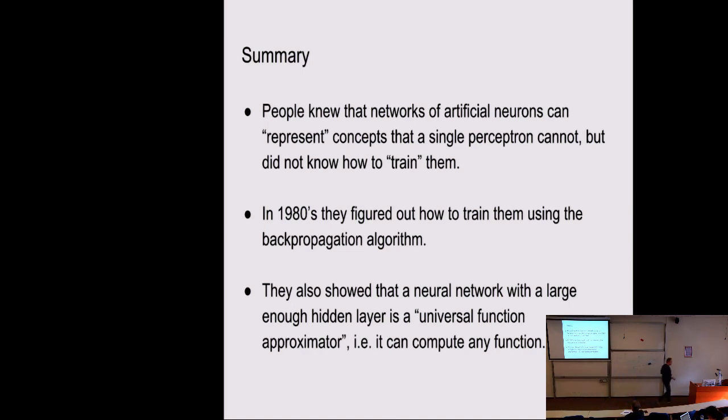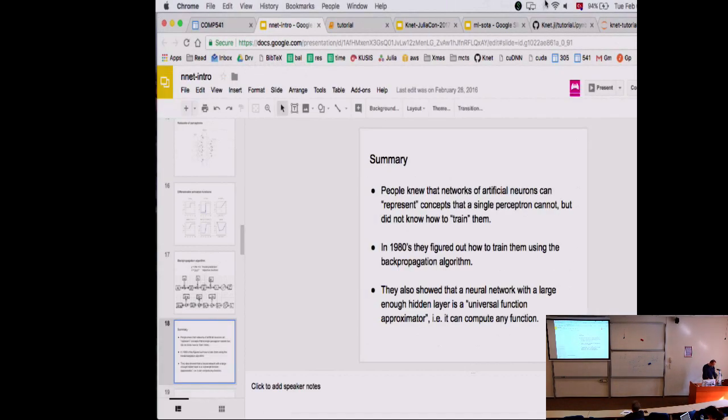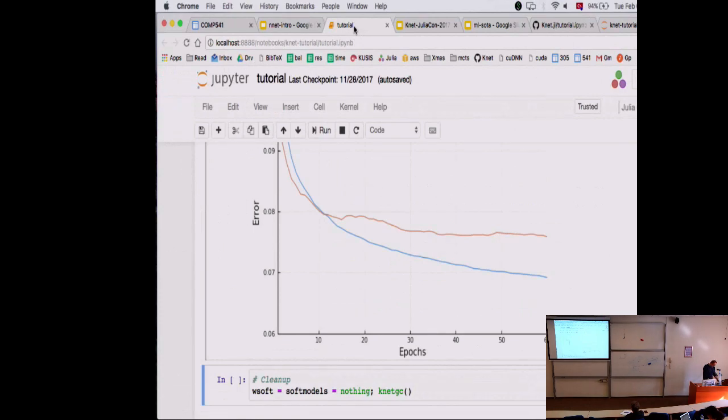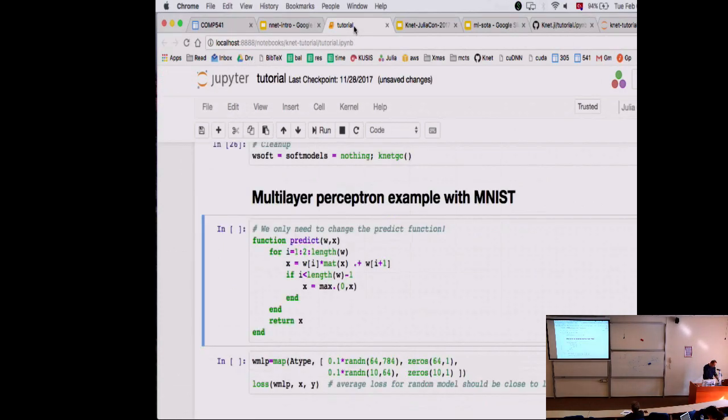So, just to see the power of this idea, let's run it. Let's clean up stuff. Now, since I have more than one weight matrix for all of these different layers, I need to change my predict function. Remember, my predict function was W1 times X plus W2.